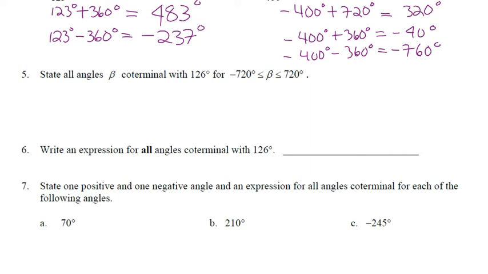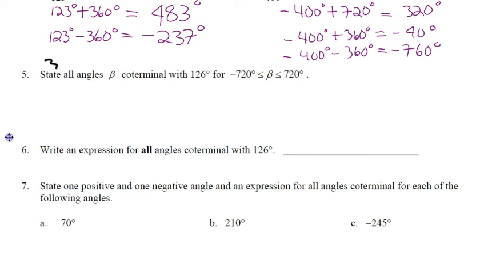State all angles beta coterminal with 126 degrees if beta lies between negative 720 and 720. All right, so what are we going to do? We're going to start adding 360 until we get to the point where we know that if we add another 360, we'll be over 720.